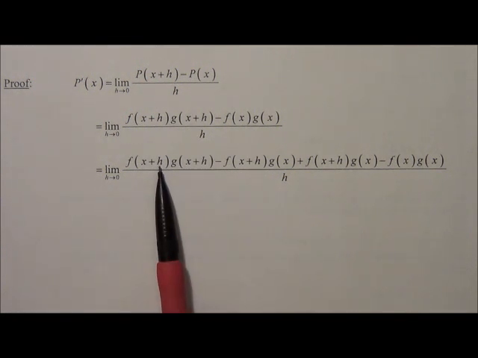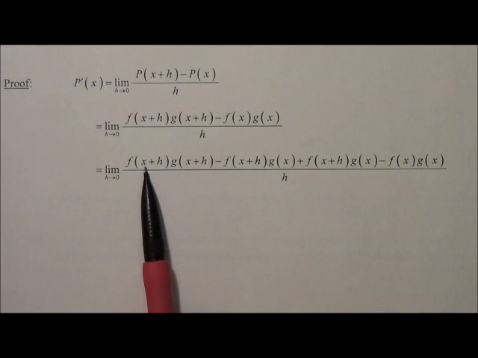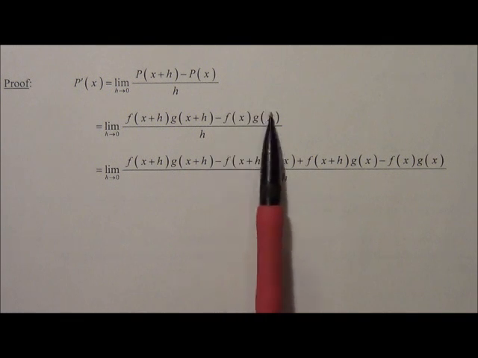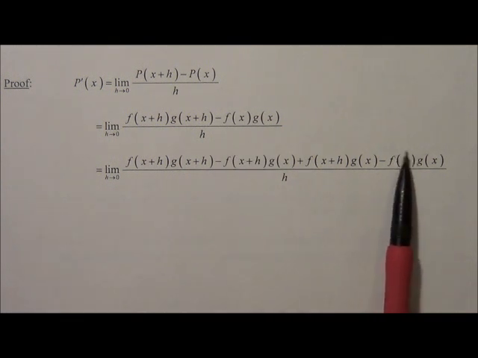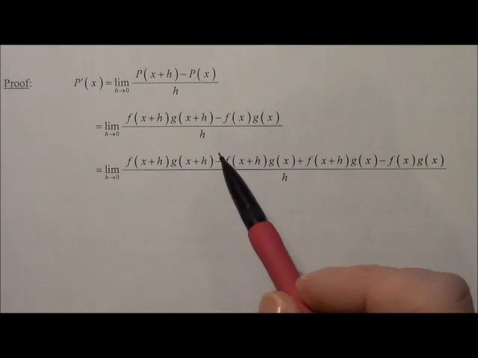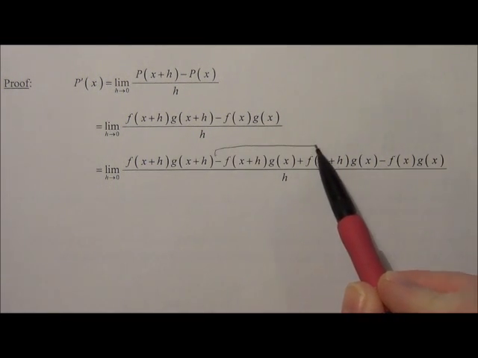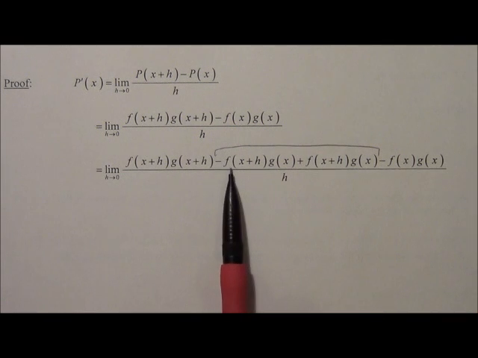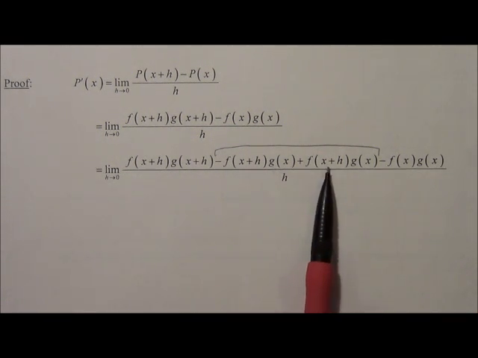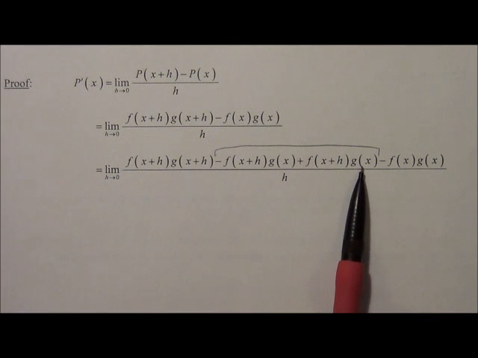Then what we're going to do is something very, very sneaky. On the next line we've got f of x plus h, g of x plus h, and this part, f of x, g of x, is over here. In the middle, what we've done is we're adding 0: negative f of x plus h, g of x, plus f of x plus h, g of x.